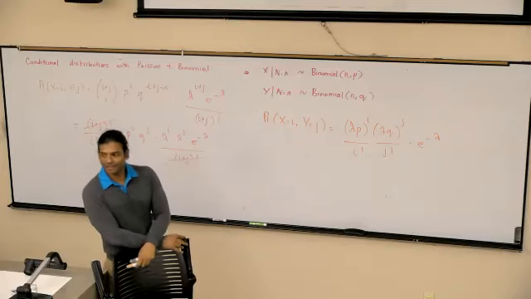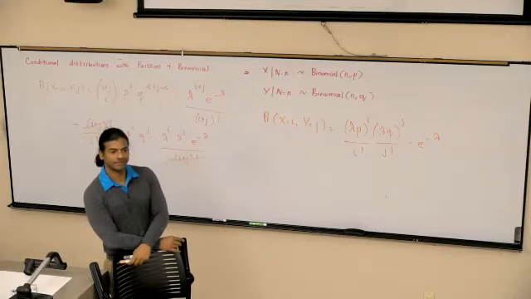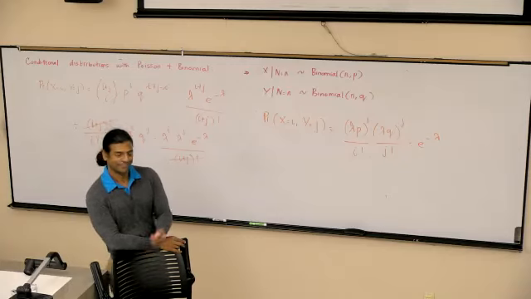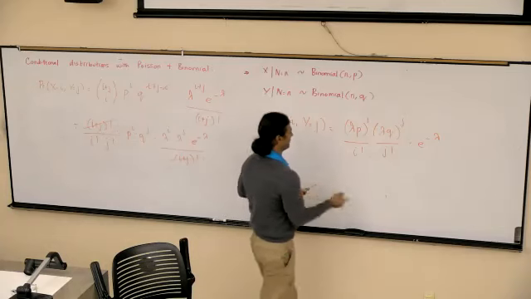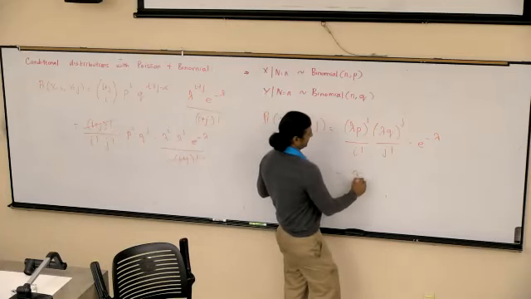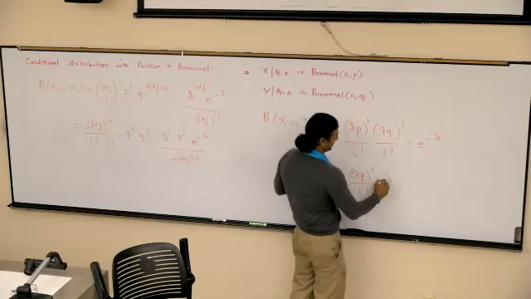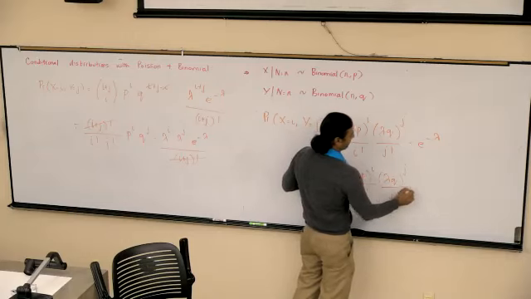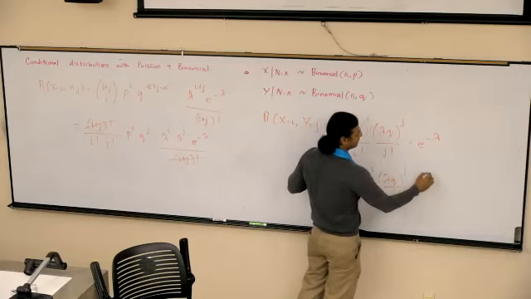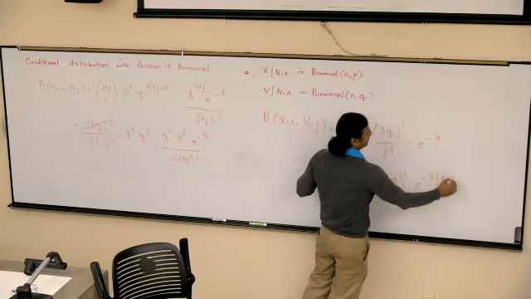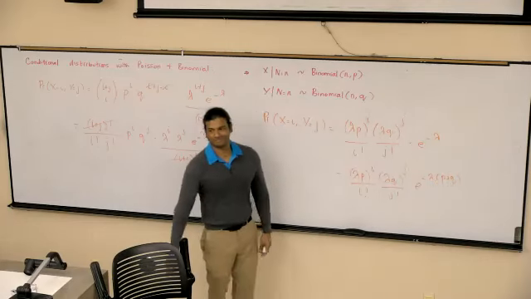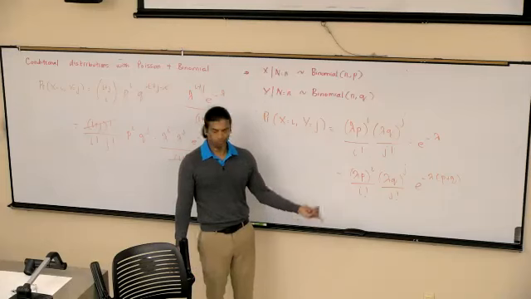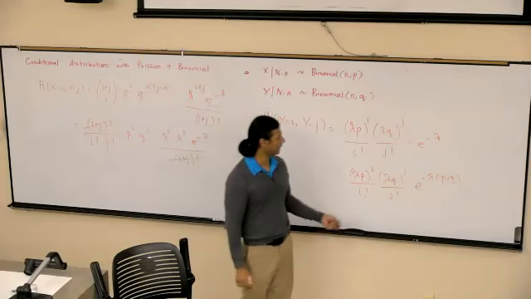How am I going to get lambda p and lambda q from lambda? Easier than that. Right, p plus q is 1. Yes. We know that p plus q is 1.